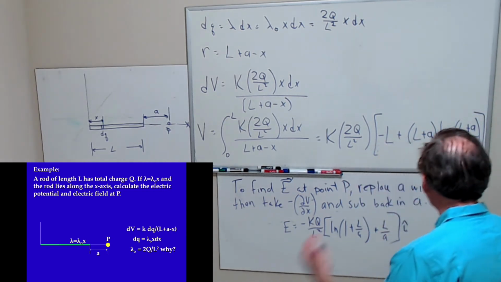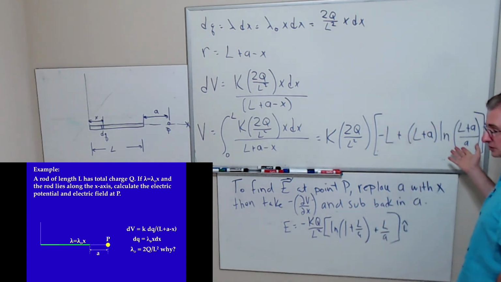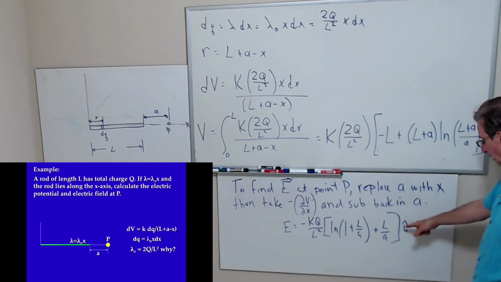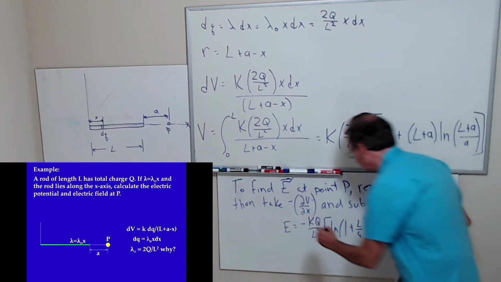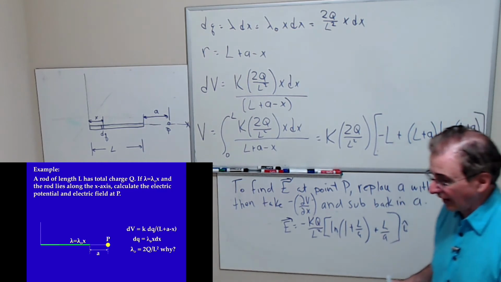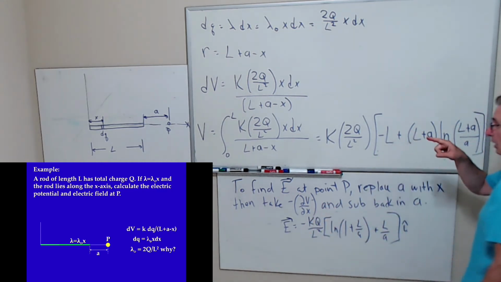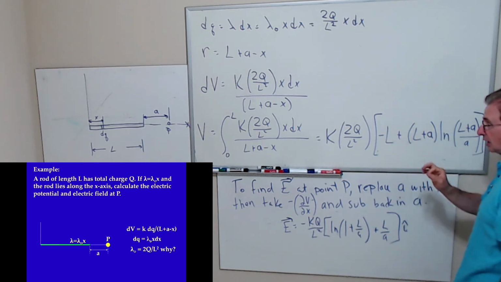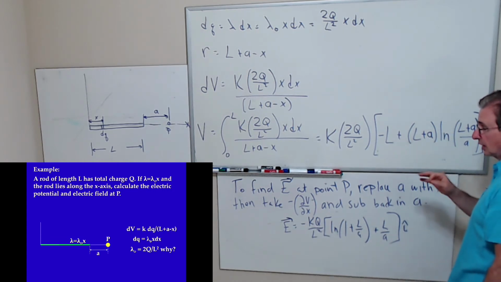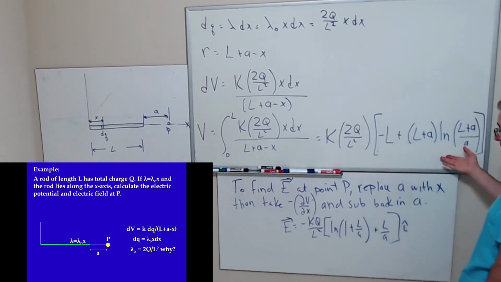So look, we have a lot of practice you can do with these problems. Go through this, evaluate this, and then take a derivative to get the electric field. And the other questions I asked when I did the problem in chapter 23: if you're really far away from that line charge, then you should get the electric field due to a point charge, and the electric potential due to a point charge.